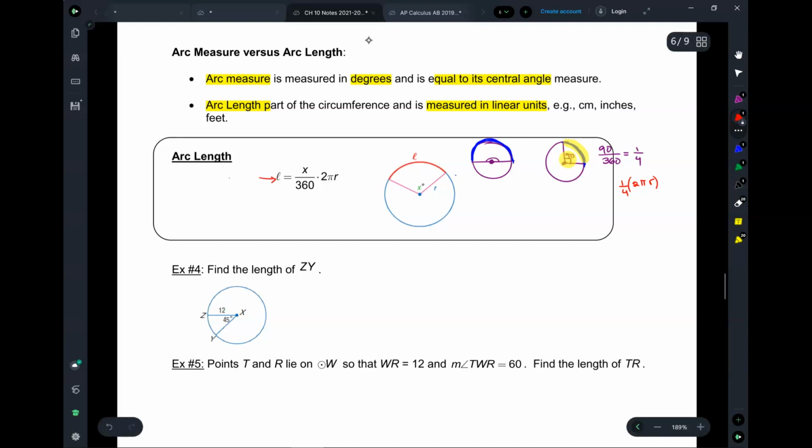L is arc length, equal to x over 360, where x is the measure of the central angle, times 2 pi r, which is the circumference. So to find arc length, you put the central angle over 360 and you multiply it by 2 pi r. That's it. It's the ratio of the angle to 360 times the circumference.